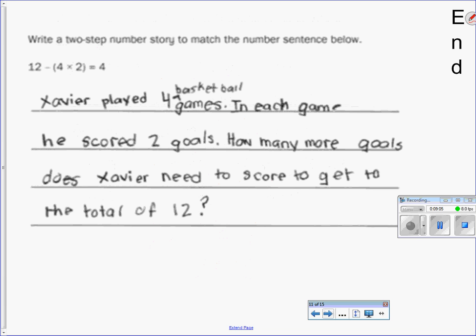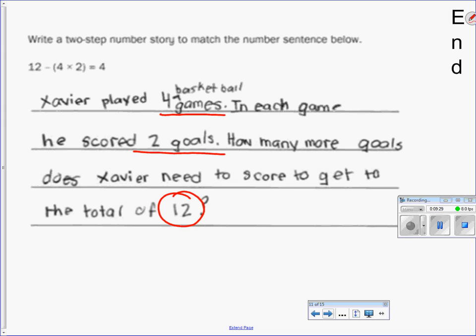Okay, let's look at one more, okay? Xavier played 4 basketball games. In each game, he scored 2 goals. How many more goals does Xavier need to score to get to the total of 12? All right, so let's go back. We know he has 4 games, and in each game, he scored 2 goals. And we know that he wants to see how many more he needs to get to 12.